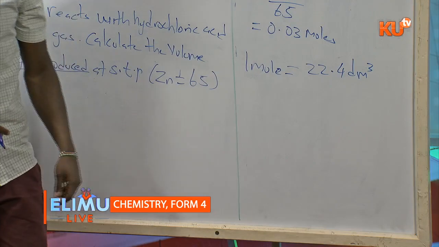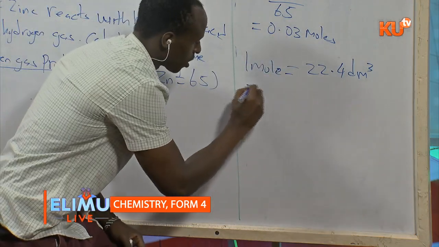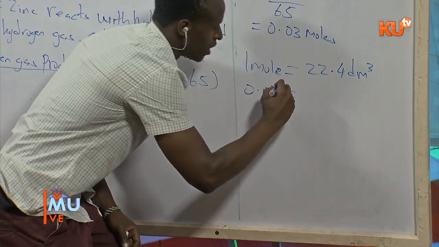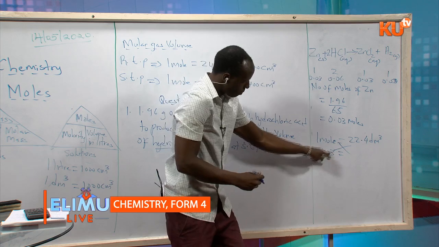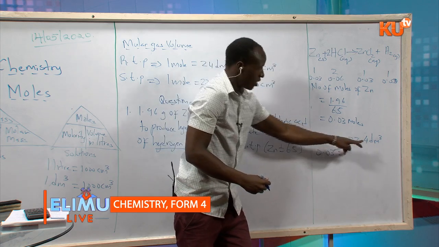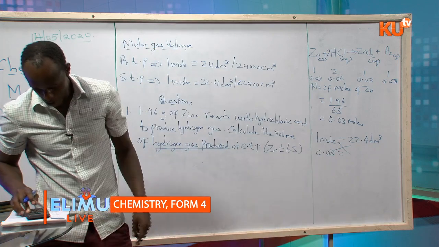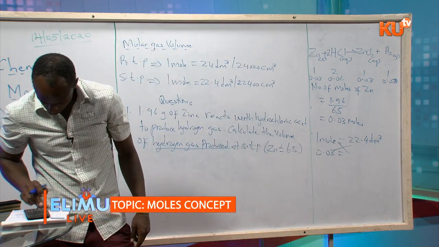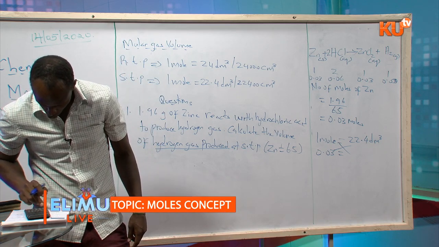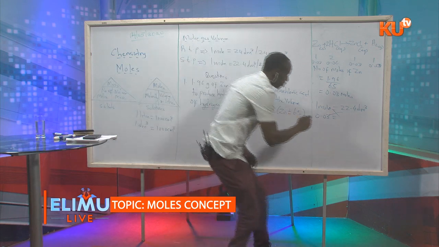But it's not 1 mole which was produced. How many moles were produced? 0.03. Then you do cross multiplication: 0.03 times 22.4 divided by 1. Join me in doing it so that you don't lose me. We have 0.03 times 22.4 giving you 0.672.